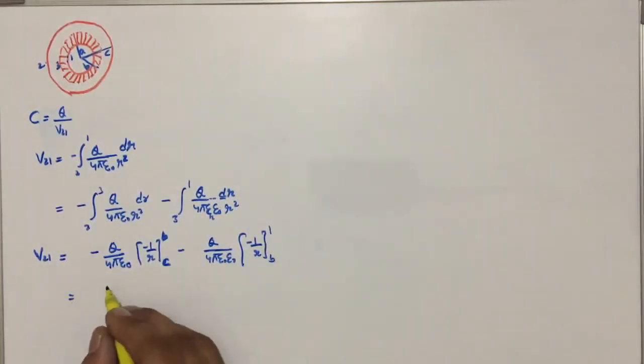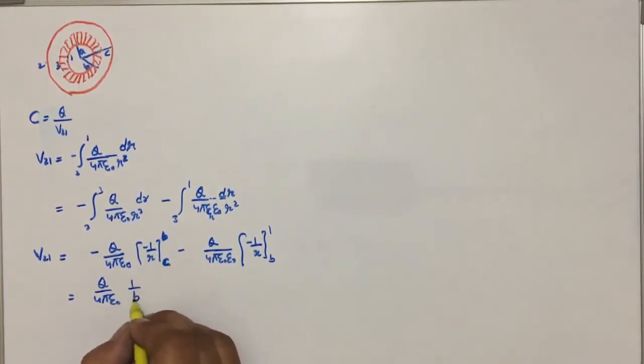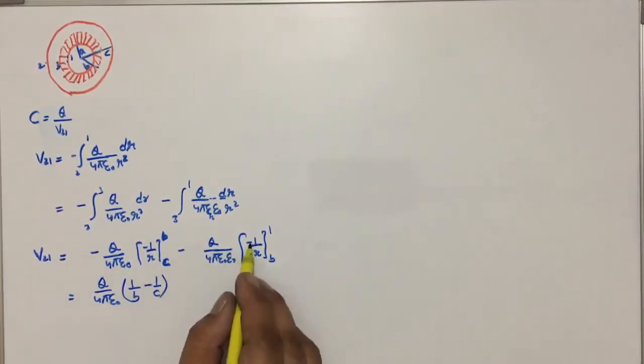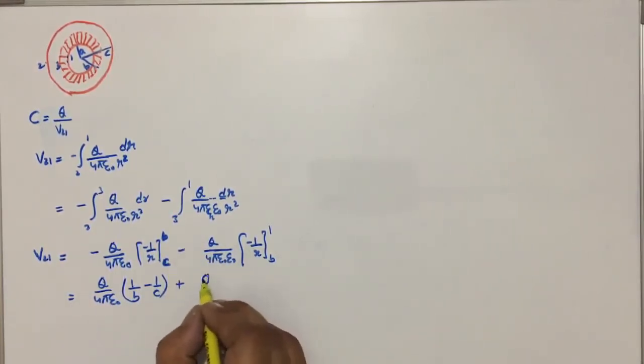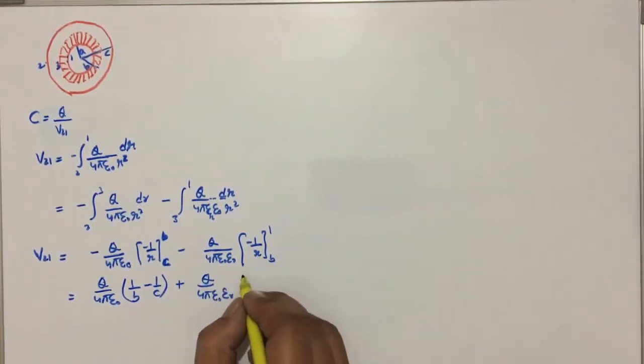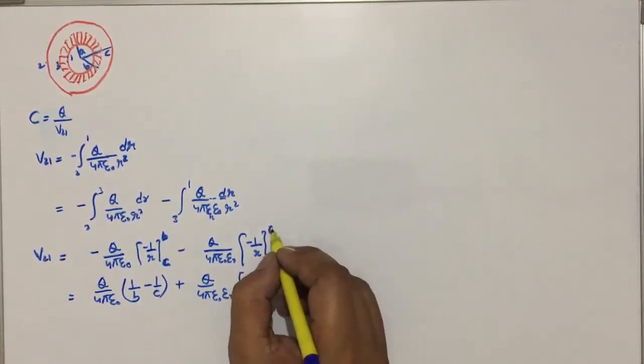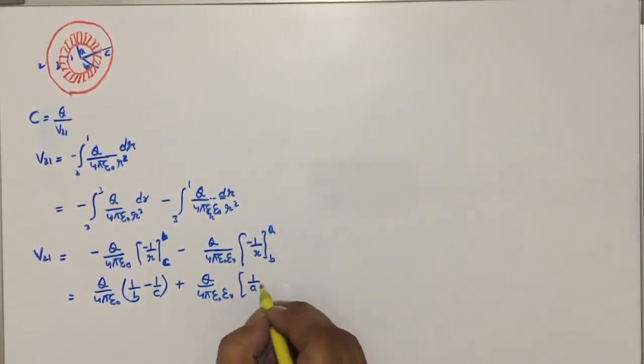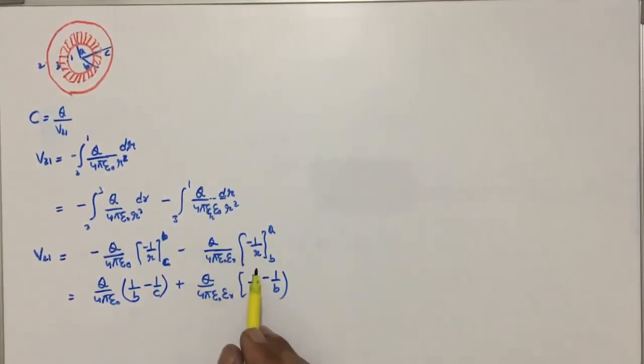Here we can take the minus outside, then it will be q by 4 pi epsilon naught, 1 by b minus 1 by c. Similarly, taking it outside, it will be q by 4 pi epsilon naught epsilon r, 1 by a minus 1 by b, as we have taken the minus outside.